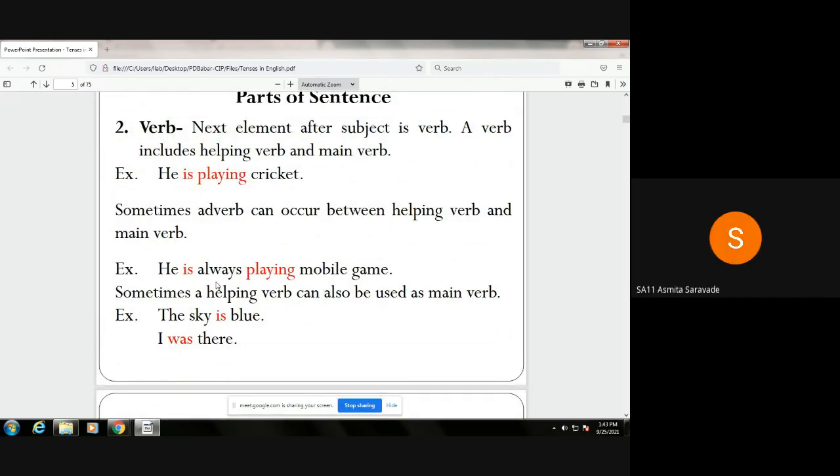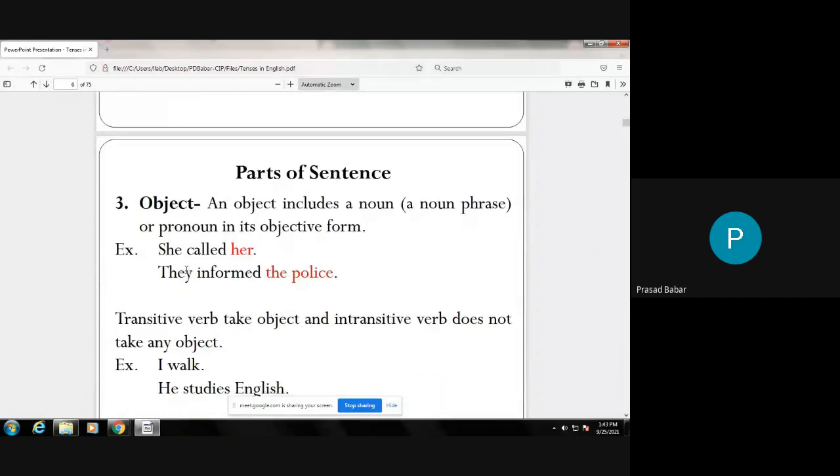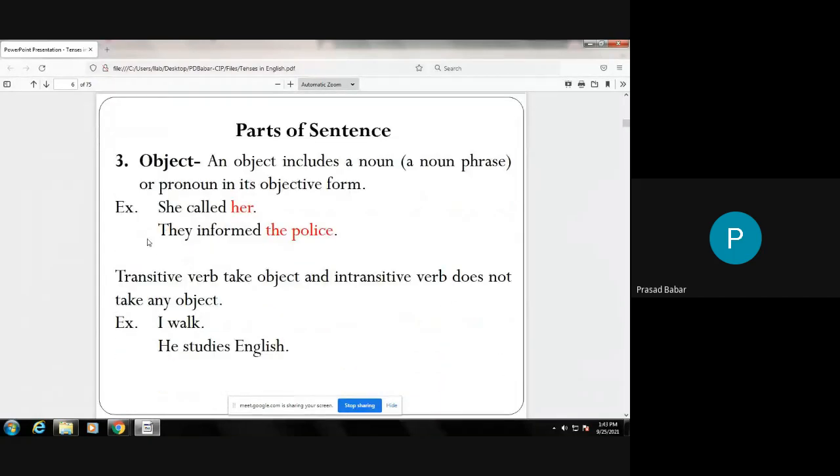Yes, sir. Okay, so let's see the third part, that is object. The third part of a sentence is object. So what is object? Let's see. An object includes a noun phrase or pronoun in its objective case or objective form.